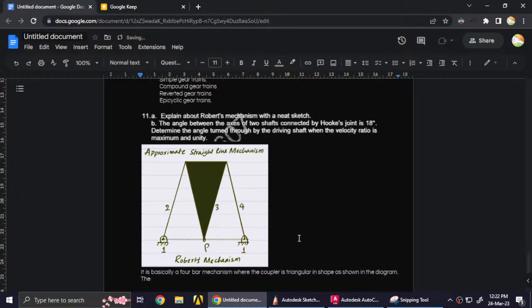The corner P of the coupler travels approximately in a straight line.